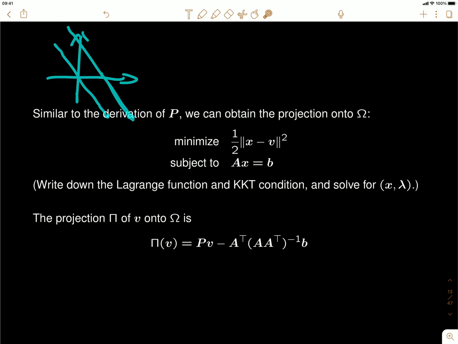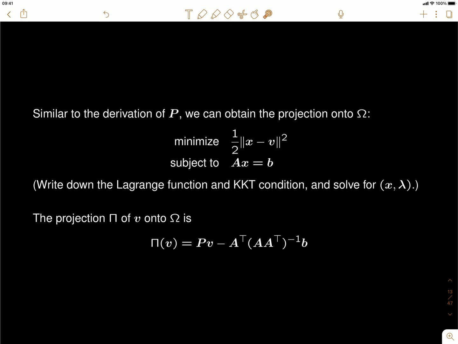And when we project a point onto this new plane, that is the result. So you first project as you do for the subspace case when b equals 0, then just subtract this term, which is independent of v. It doesn't matter what the v is. Leave this as an exercise, and you can probably figure it out within 1 or 2 minutes. It's a good exercise.